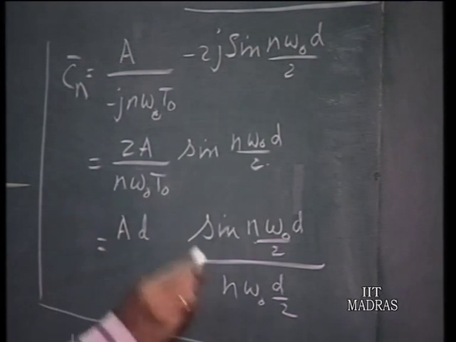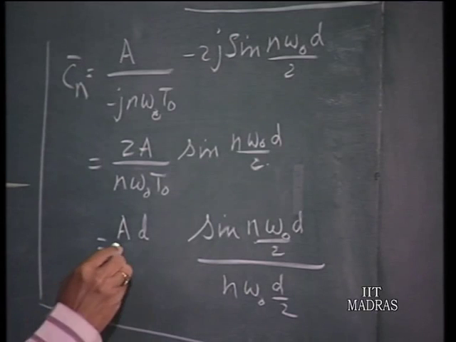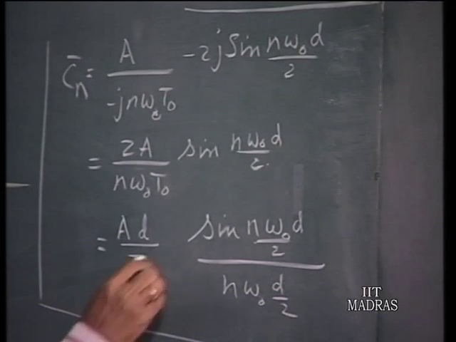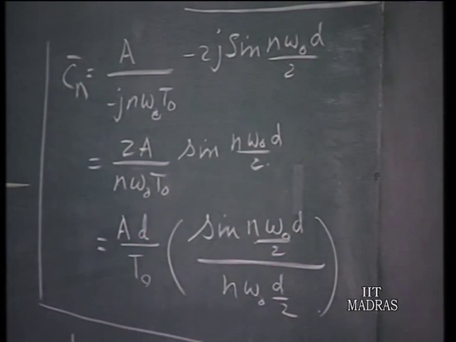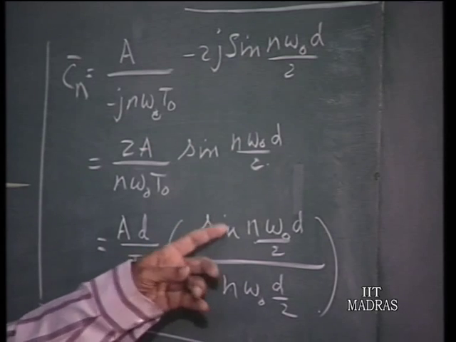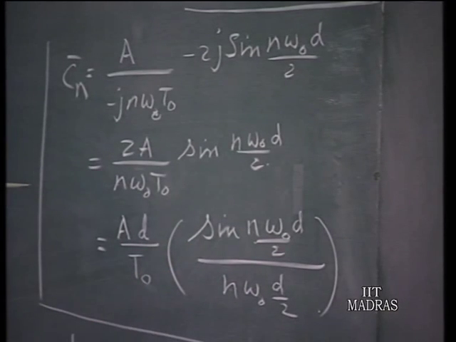N omega naught are already carried over here, so all that remains is this. I put this in this particular form because this function is of the form sin theta by theta, which is well known in mathematics literature and comes up quite frequently in waveforms of this sort.